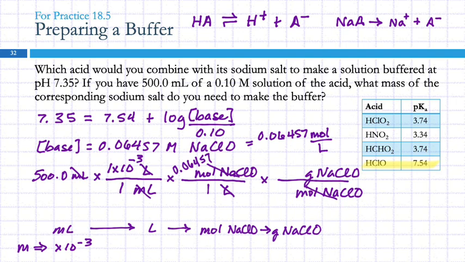How do we find that? Molar mass, right? Periodic table. So sodium is 22.99, plus chlorine is 35.45, plus oxygen is 16.00, 74.44 grams per mole.